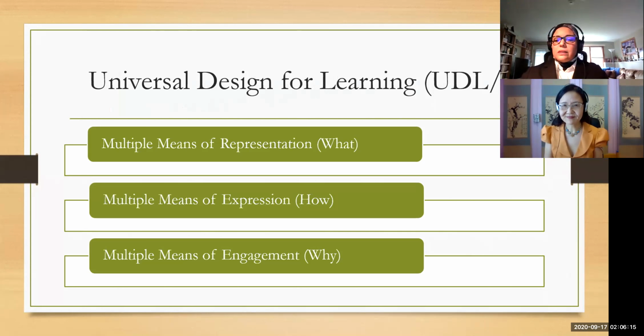UDL addresses 3 areas of learning that deal with recognition, skills and strategies, motivation and prioritizing, or in other words, the what, how, and why of learning. The main focus of UDL is to maximize learning. We do that by taking into consideration every student's background, interests, strengths, and abilities.